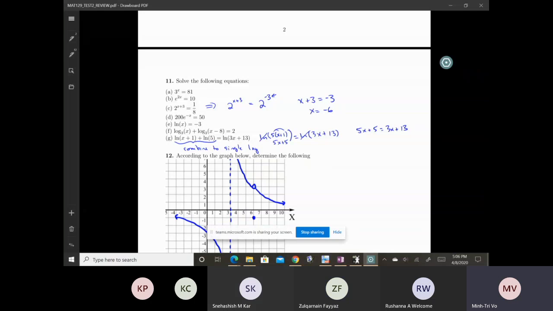With exponentials, once the bases are the same, they cancel out. Here, once the logs are the same, they cancel out. But to get into a single log, you have to apply the rule that when you're adding different logs, it turns into multiplication.